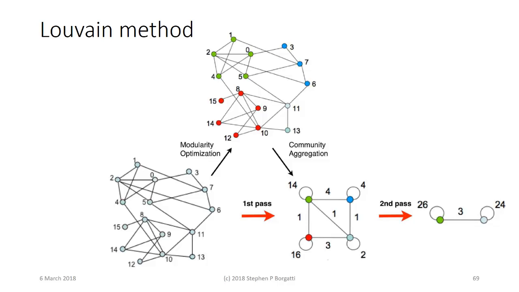Here's the original network. Stage 1 ended up finding 4 clusters: a red cluster, a green cluster, a blue, and a light blue. Now it's going to say, okay, all these blues are going to become a single node, and these light blues are going to become a single node.